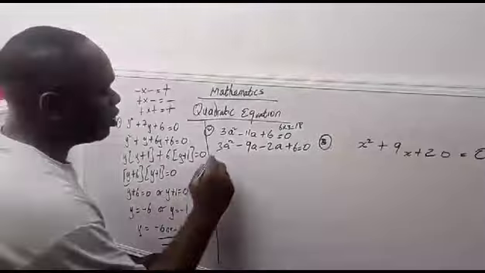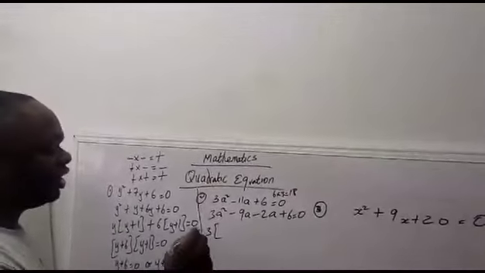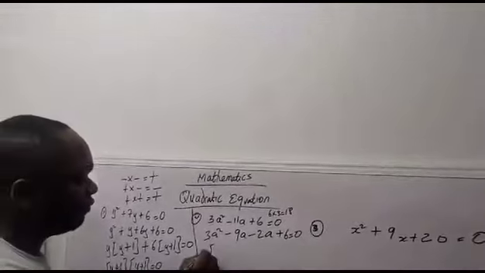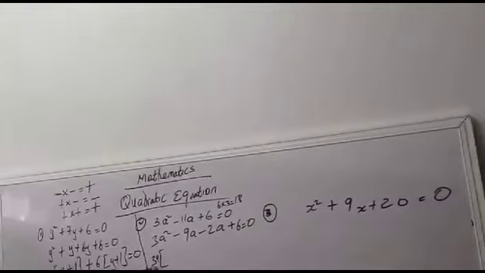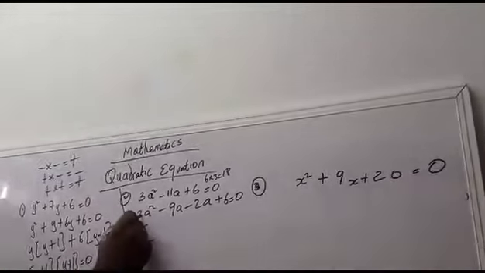What is common is what? 3a is common. Okay. If you use this 3a to divide this 3a squared, it gives you 3a minus, if you use this 3a to divide this 9a, it gives you what? 3 in bracket.